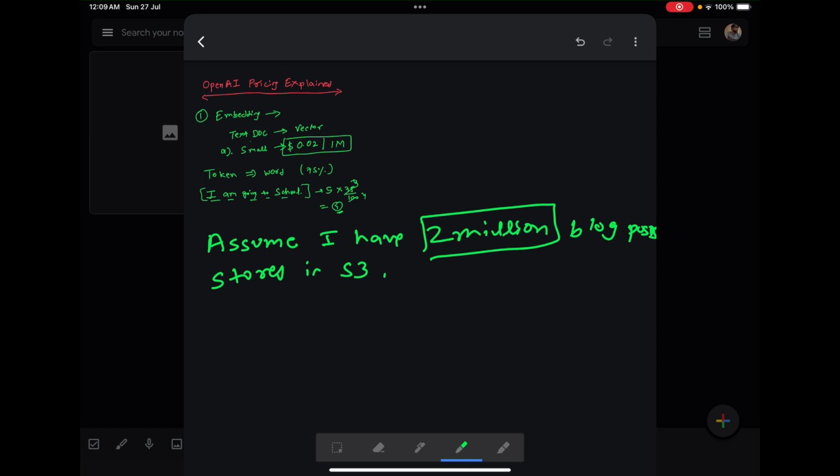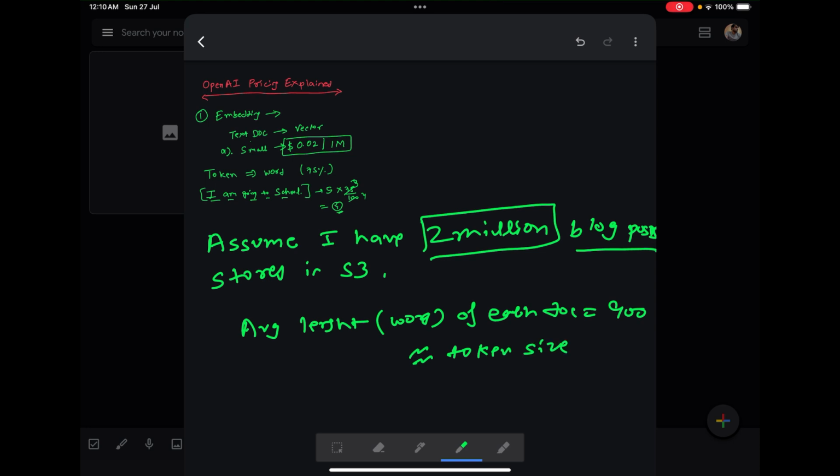Since these are blog posts, and I'm assuming they are relatively short, let's assume that the average length, and when I say length I'm assuming word length, of each doc is, let's say, 900, and I'm assuming it to be approximately equal to token size. So my average token size is 900.